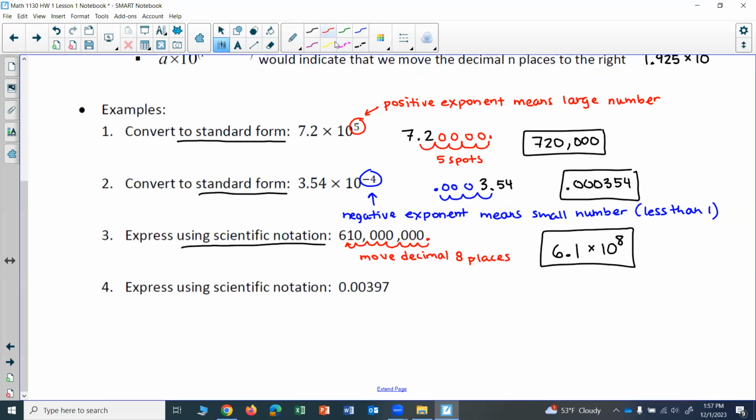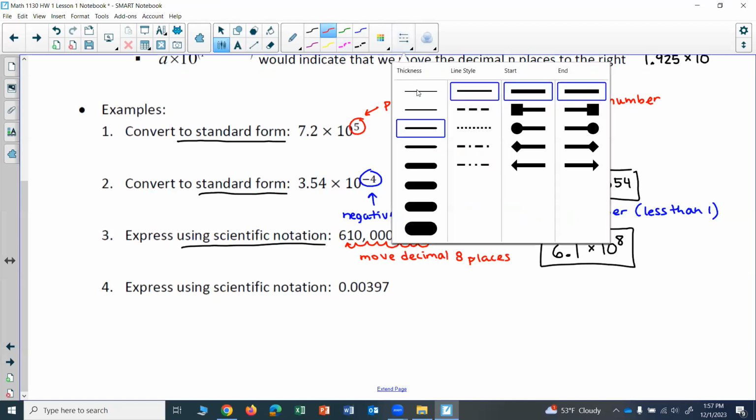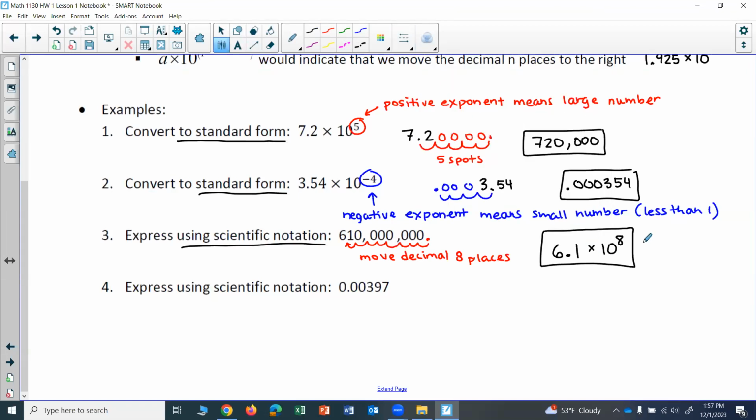Here we started with a very large number, and so it's going to be a positive exponent. So I have that 8 to indicate how many places I had to move the decimal, and I'm going to use a positive for the exponent because I started with a large number.